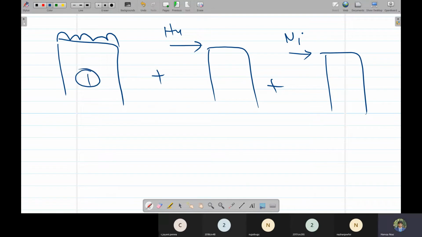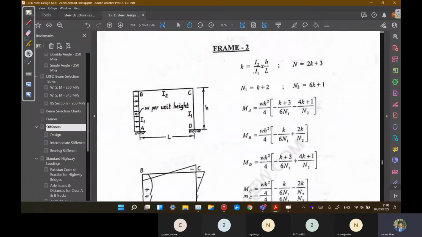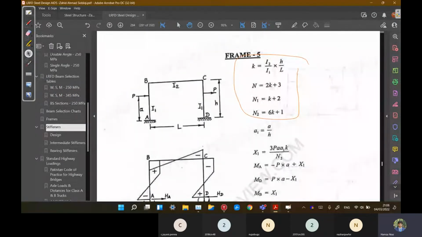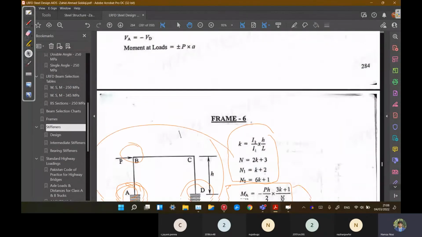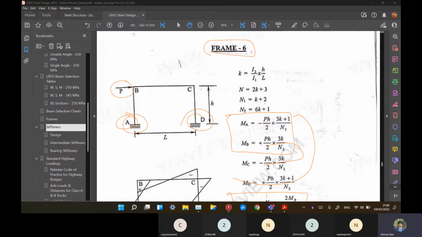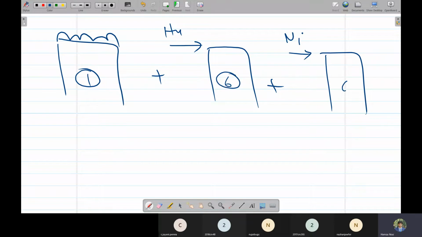For notional as well as wind load, we'll use frame number 6, since point load is acting. So we'll use frame 6 for both this one as well as this one.